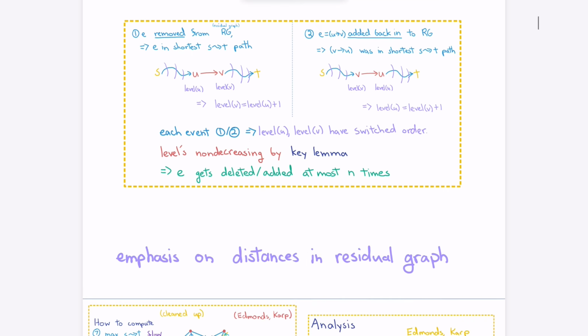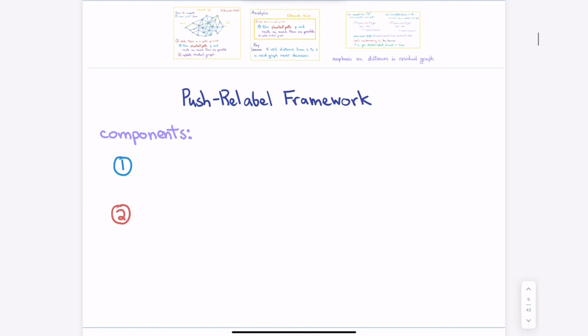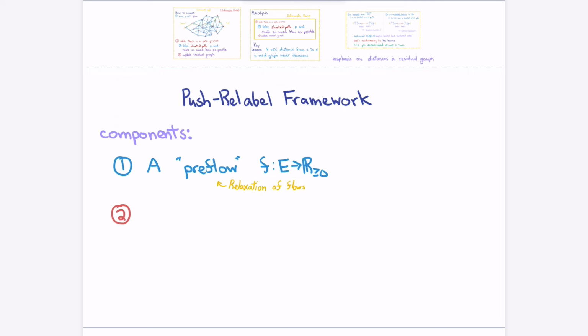So that's what the label is going to refer to. Good. So, push-relabel algorithm. Its individual components are arguably simpler than the other algorithms, although I think it's much more indirect.